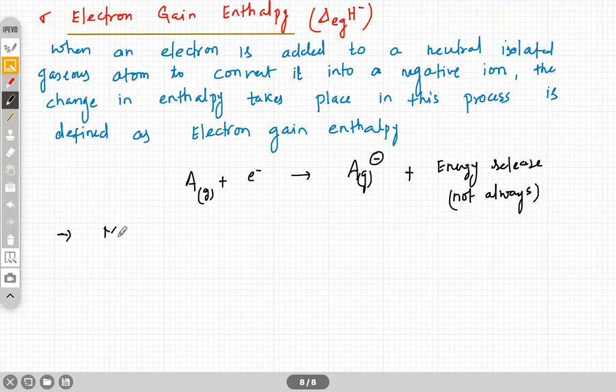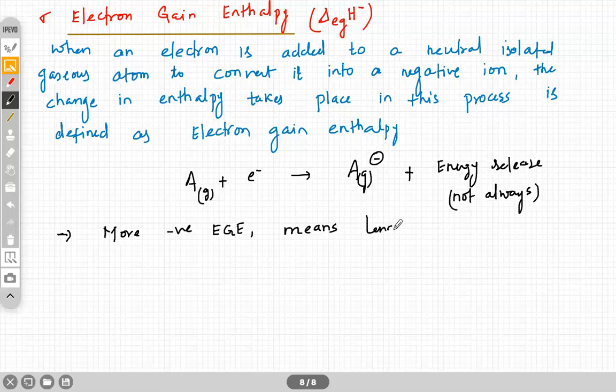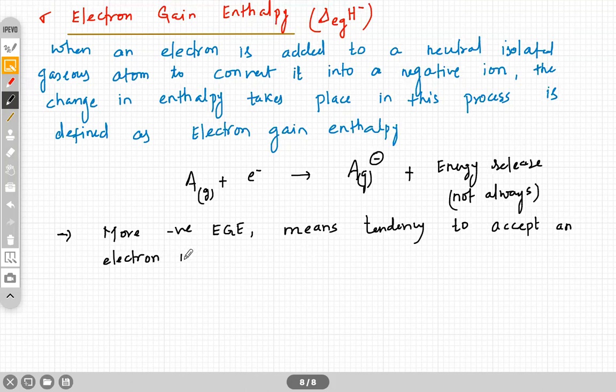More negative electron gain enthalpy means more tendency to accept an electron. Negative means what?